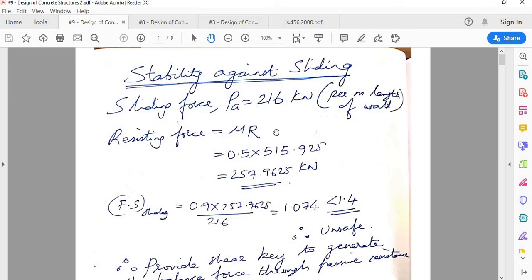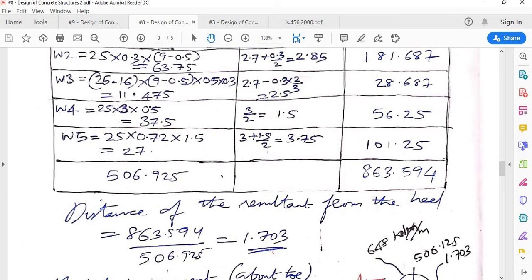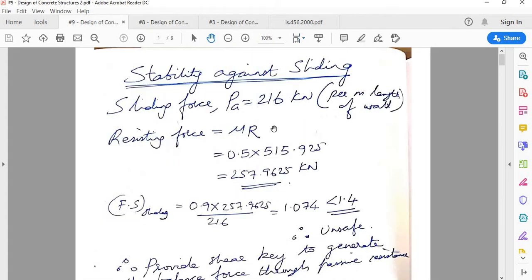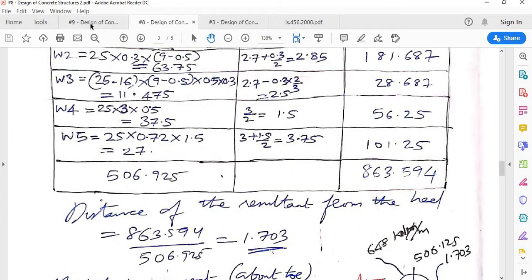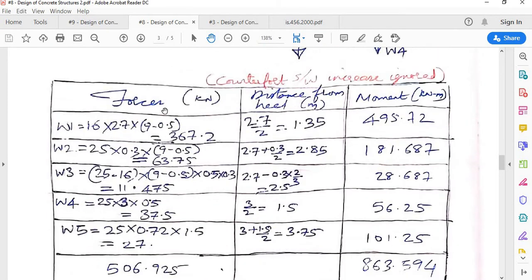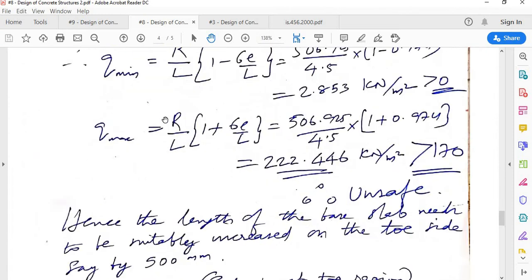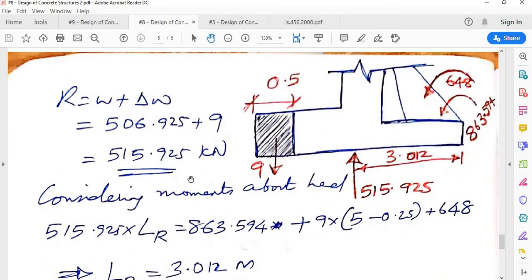and resisting force is mu into R. We already calculated it, and mu is the coefficient of friction. Remember, R is not what we originally calculated, because for the soil bearing pressure check we had modified the value of R, because an extra part is being added to the top portion.